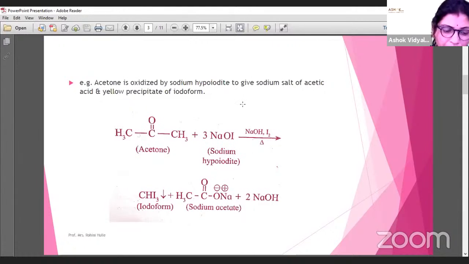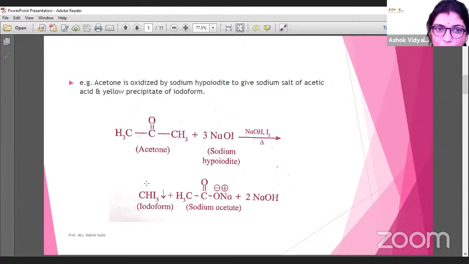See, this is the haloform reaction. This acetone is oxidized by sodium hypoiodide, NaOI, to give the sodium salt of acetic acid. CH3COONa means sodium acetate.